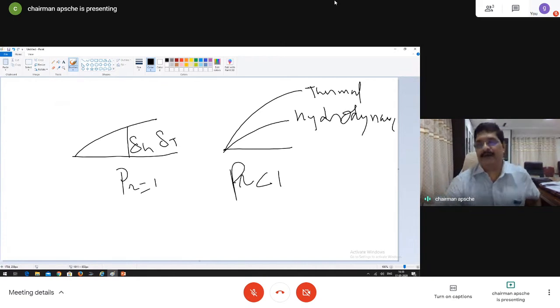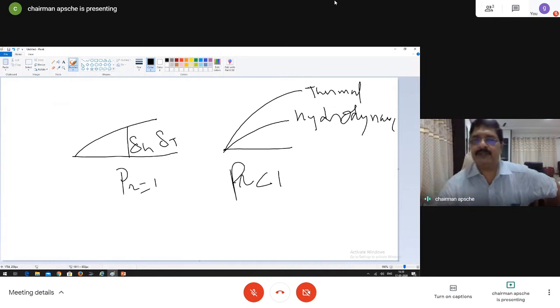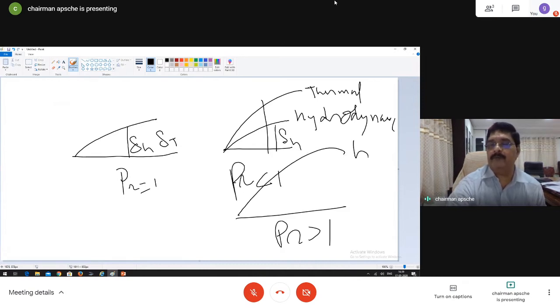When Prandtl number is less than 1, what does it mean? The numerator is molecular momentum diffusivity, and in the denominator is the thermal diffusivity. So the denominator is dominating the numerator. In such a case, what does it mean? The hydrodynamic effects are felt only to a shorter distance, so the hydrodynamic boundary layer has smaller thickness than the thermal boundary layer.